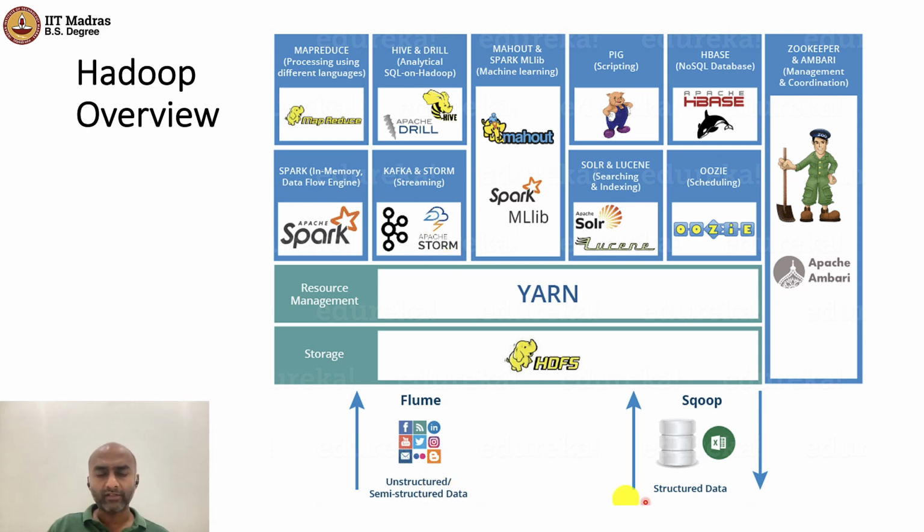Okay, so the last two technologies I want to mention were related to data being brought in and data being extracted out. So Scoop, as you can imagine from the name, scoops data from structured data sources like RDBMSs such as Oracle, Postgres, MySQL, etc. And it would bring data from there and dump it into HDFS.